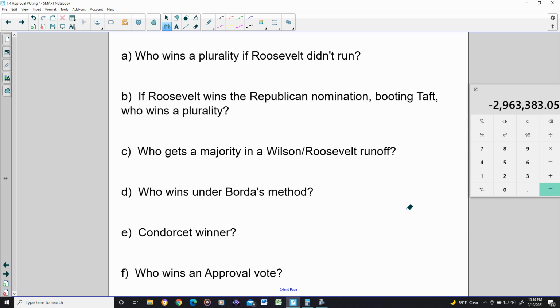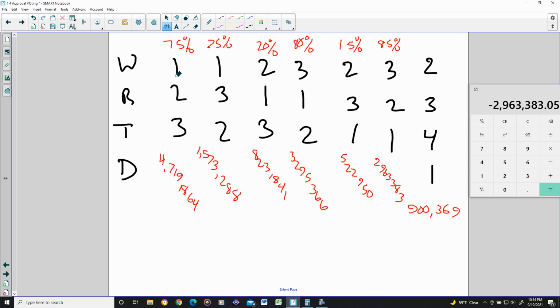Okay, so here are my questions. Who wins a plurality if Roosevelt doesn't run? Well, let's take a look. Okay, so we're going to assume Roosevelt doesn't run. What happens? So if Roosevelt doesn't run, then these votes are going to go away, right?